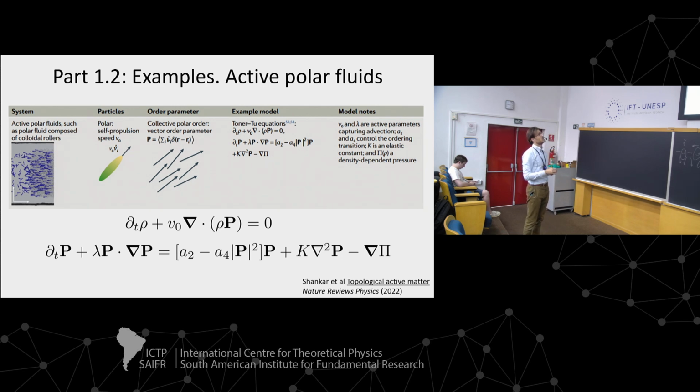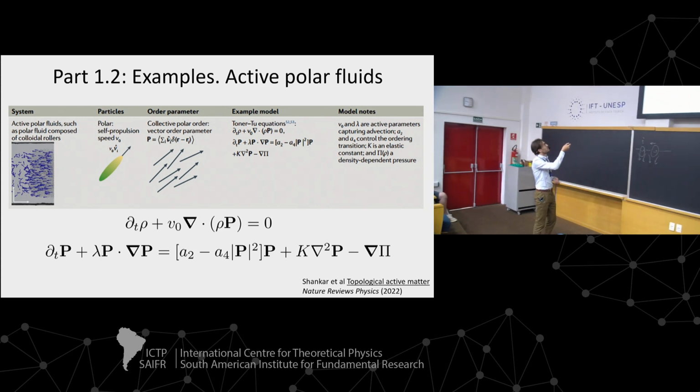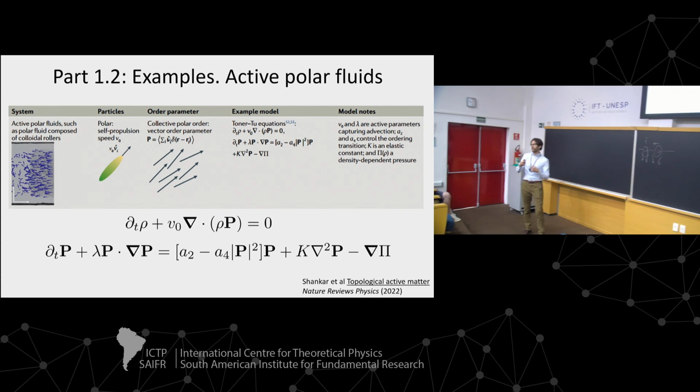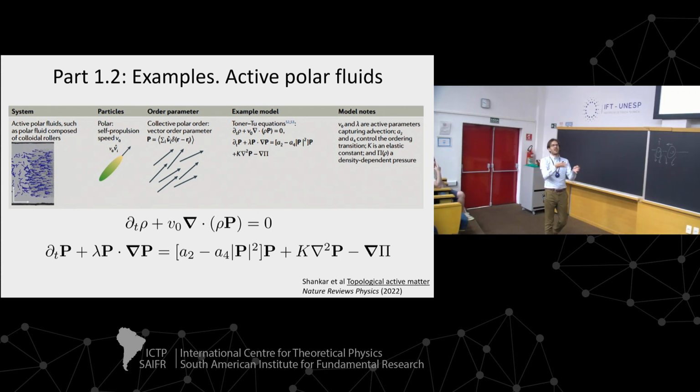To start with, I'll talk about active polar fluids. And this is already the example that I gave you. This is the same video of these colloidal rollers that I showed, which flock. The special thing about flocks is that there's an arrow that you can define for each particle, and the particles line up their arrows.